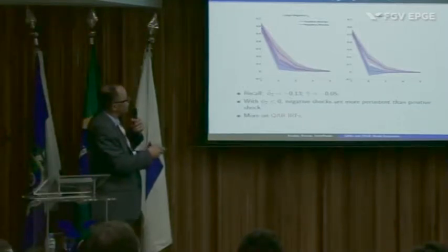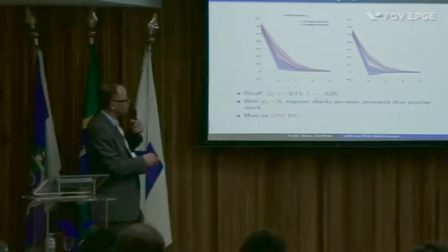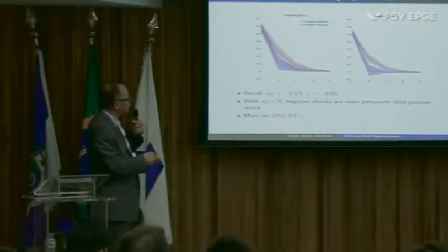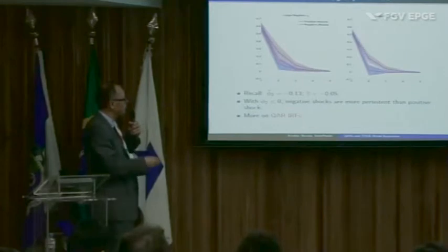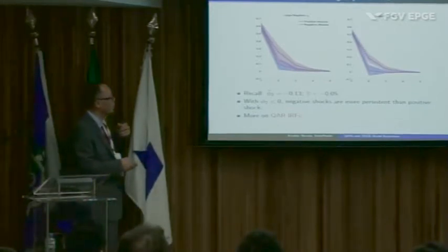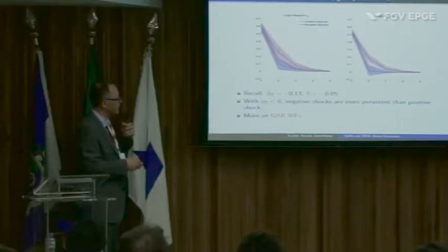The difference between here and here comes about through this negative gamma. When the shocks push you down, if you're in a bad state, the effect of the shocks is more pronounced.